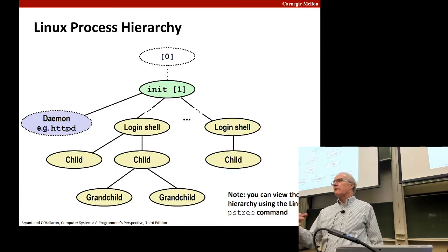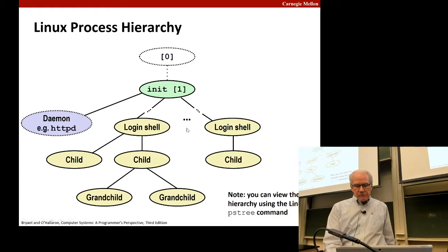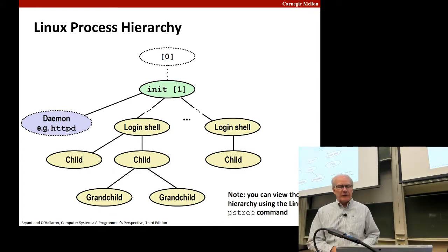There are ones, even for your laptops, that manage network connections on your behalf. So that's the idea, that this forking of children naturally gives you this tree-like hierarchy of processes.